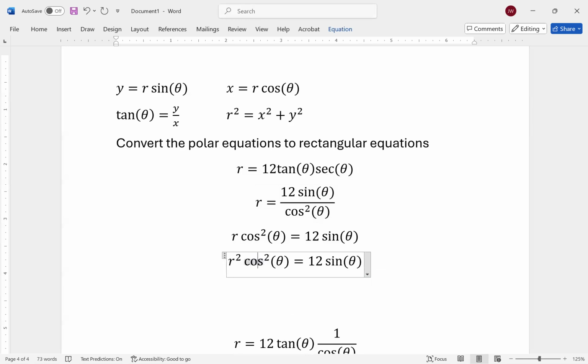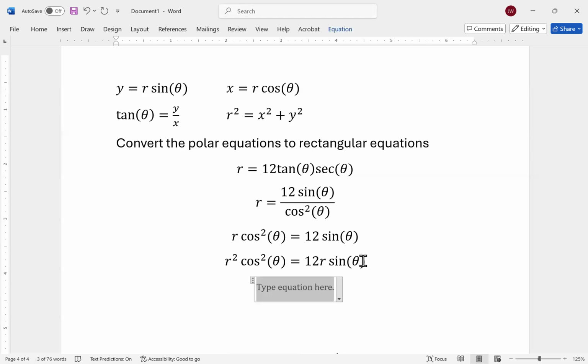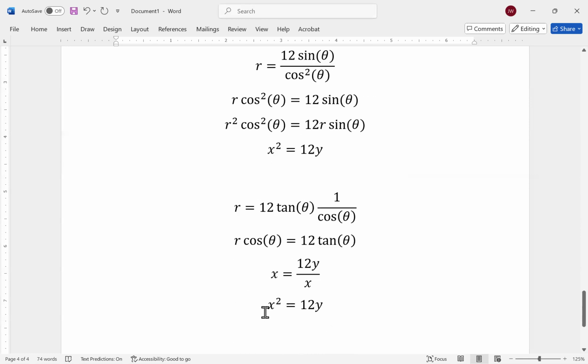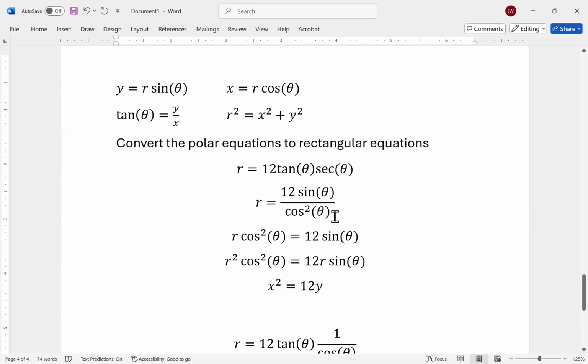Multiplying both sides by r would give me r squared times cosine squared theta on the left-hand side, and then r times sine theta on the right-hand side. Now, r squared times cosine squared is r cosine quantity squared. So we get x squared is equal to 12y. Again, just another way to do the same thing. So whichever approach you use, you'll get the same thing at the end, x squared equals 12y, when you do that conversion.